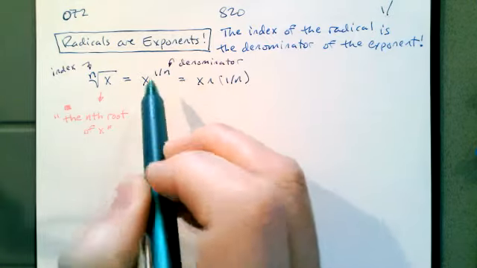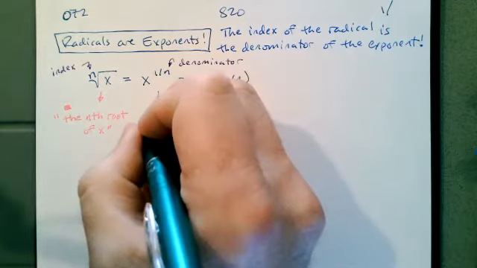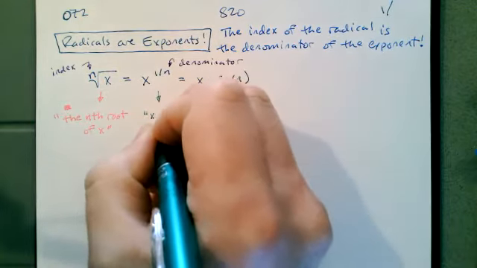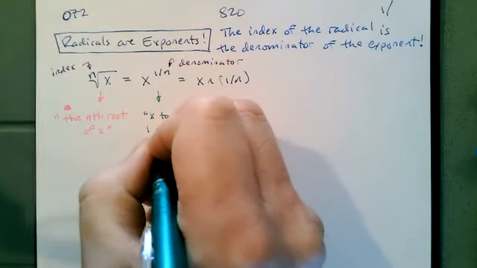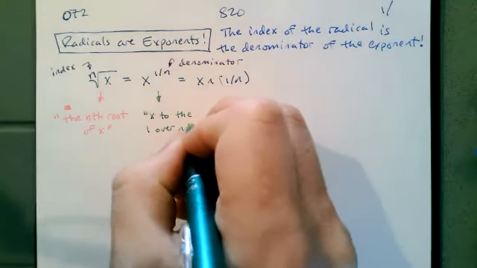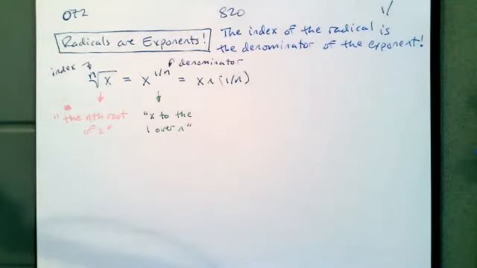So we would read this expression as x to the 1 over n. The thing that's implied when we say it this way is that the 1 over n is in parentheses, even though we don't speak the parentheses.